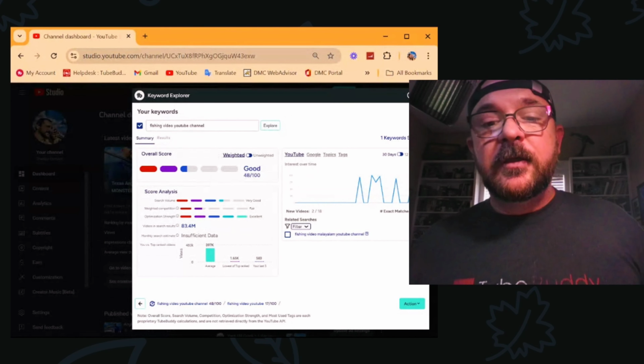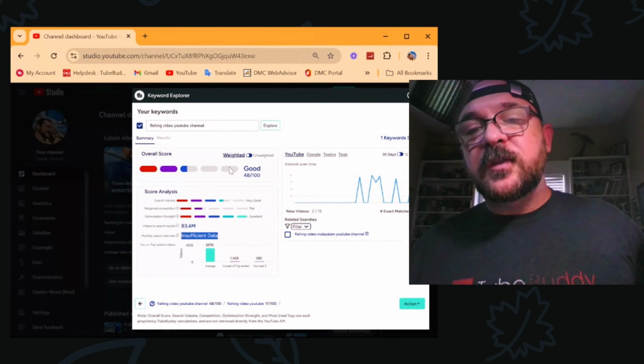When you see insufficient data, what it means is that there are less than 50 people per month who are actually searching this term. They don't track the data on search terms that are searched less than 50 times per month. When you come up with a term that is seen less than 50 times per month, you're going to get a return of insufficient data on here.